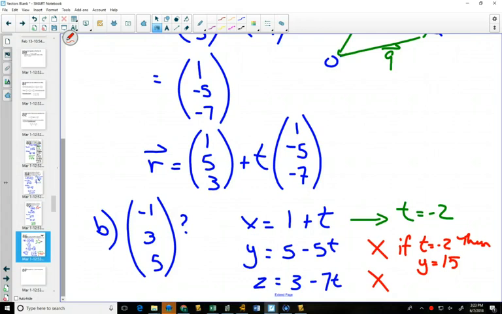And that's bad. So we can say that is not on the line because there does not exist a parameter t that works for all of them.